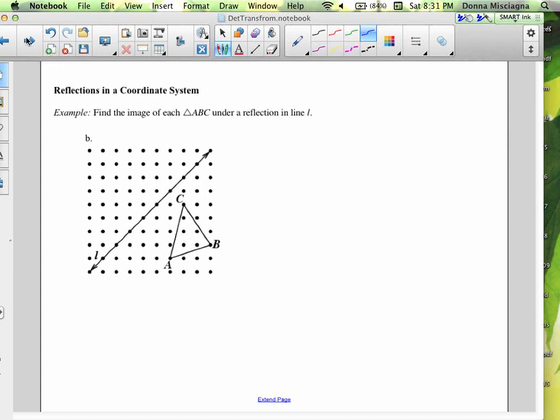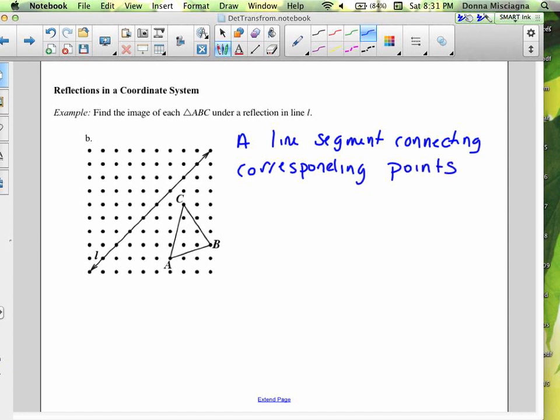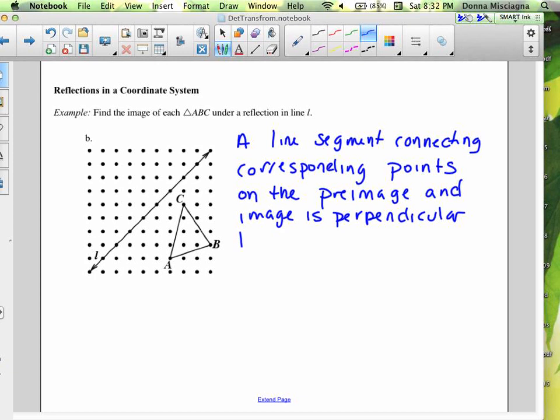One property of reflections is that a line segment connecting corresponding points on the pre-image and image is perpendicular to the line of reflection.